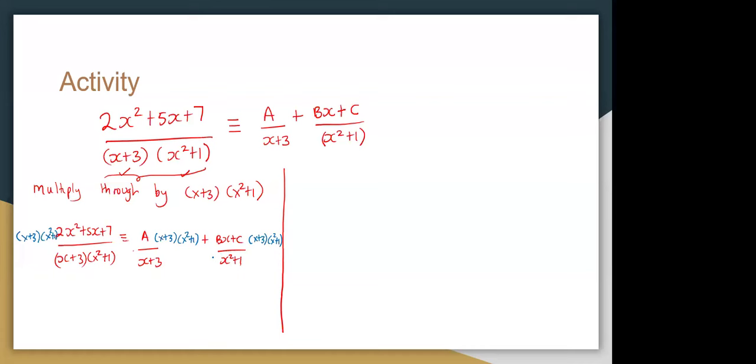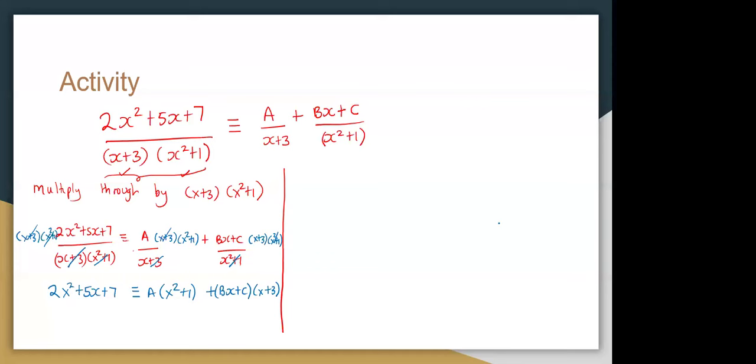Always make sure you do not remain with anything in your denominator. This and this will cancel, this and this will cancel. So we remain with 2x squared plus 5x plus 7 equivalent to a into x squared plus 1, plus bx plus c then x plus 3.